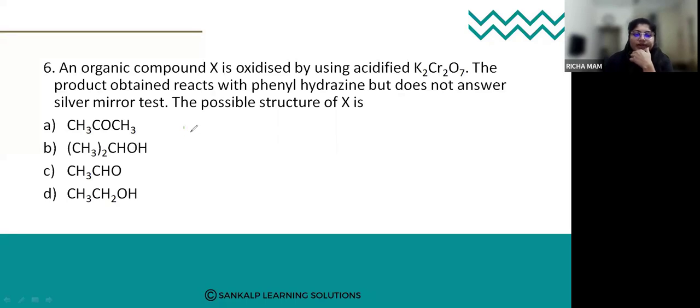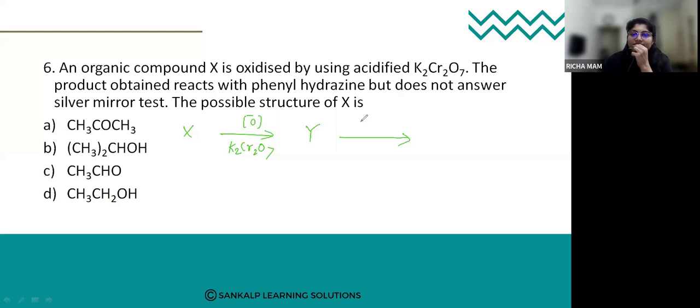Okay, so organic compound X is there. X will undergo oxidation using K2Cr2O7, which is a good oxidizing agent, and I am going to get Y. Now this Y will further react with phenylhydrazine.